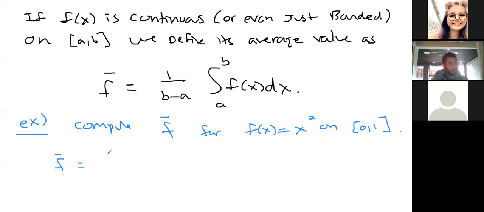So f bar would be 1 over 1 minus 0 times the integral from 0 to 1 of x squared dx, which we can just compute as 1/3. We've done that integral a handful of times now.